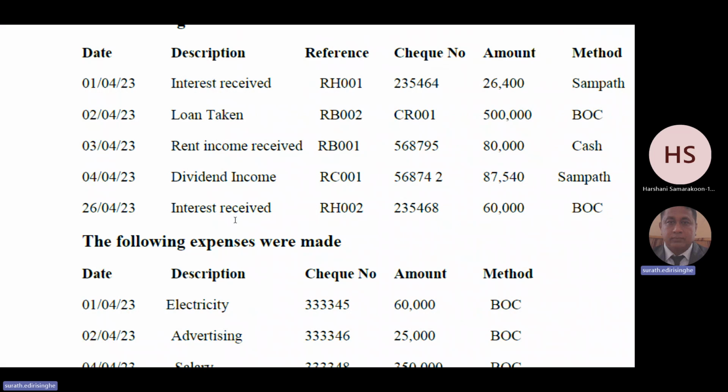On 20th April, the company settled the first loan installment on HNB loan.